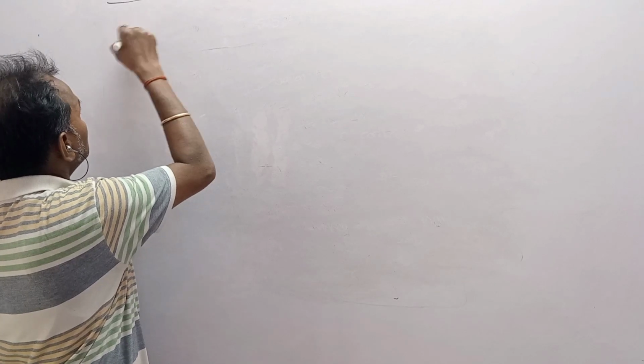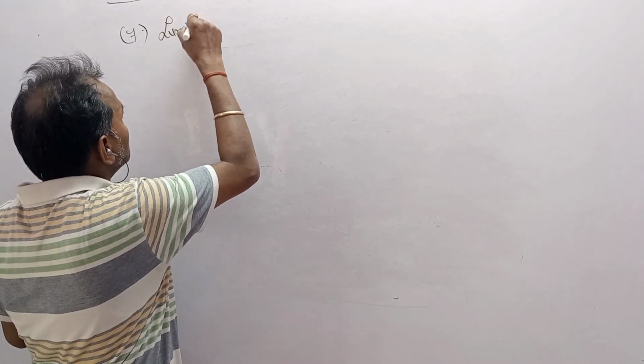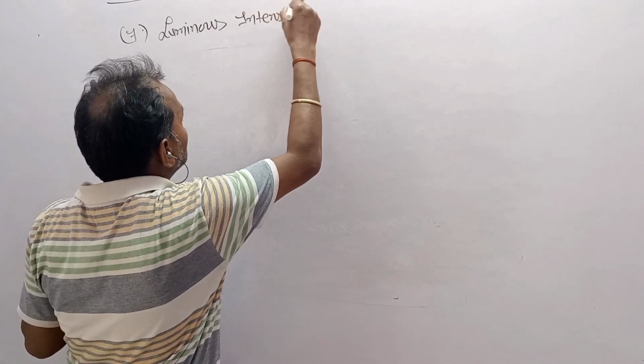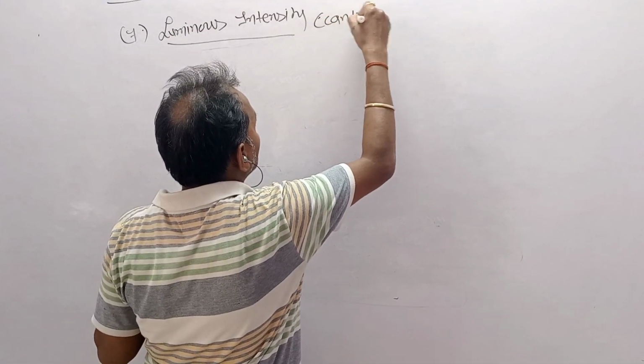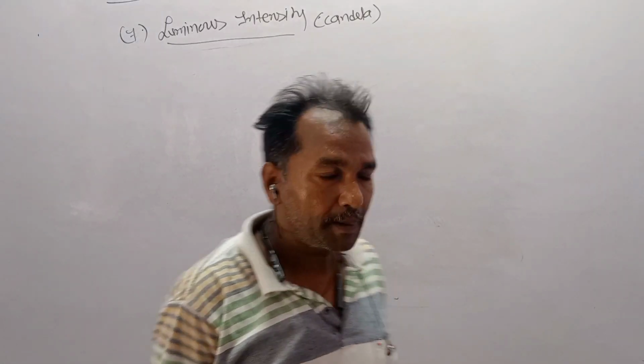And the last one, the 7th, is luminous intensity. Its unit is the candela. How will you define the one candela?